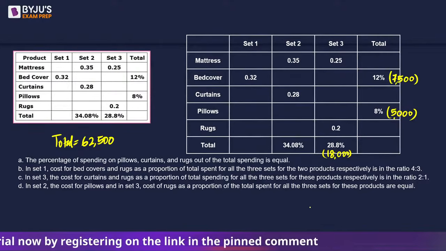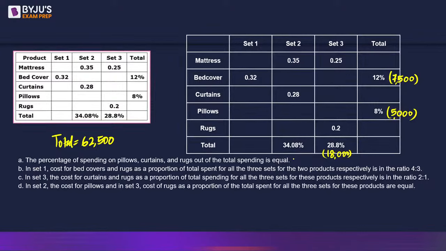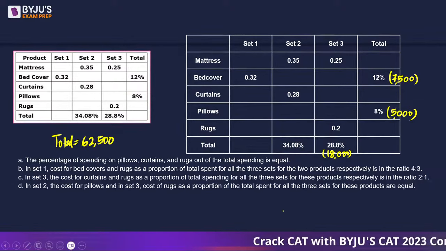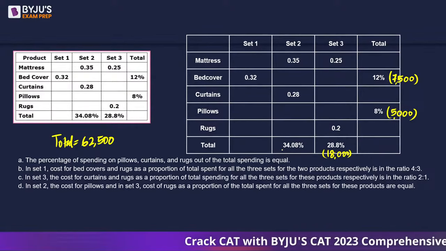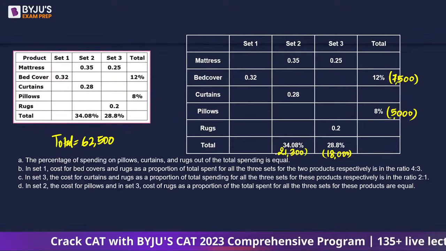Right? Next is what is 34.08% of 62,500. So 3408 is 3 से है उसका डबल 21,300.